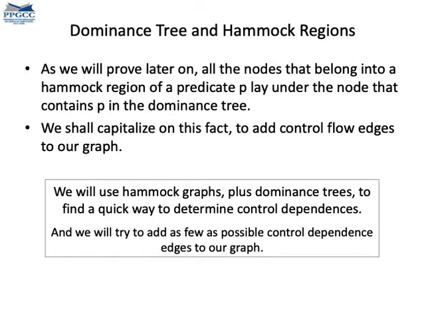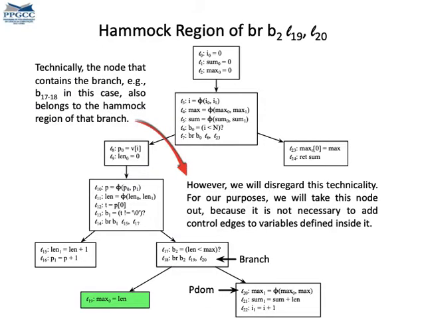And what does the dominance tree have to do with Hammock regions? The fact is that all the nodes that belong in the Hammock region of a predicate P lie under the node that contains P in the dominance tree. I know this sounds a bit confusing, but we shall see an example to clarify things. Let's start with a simple example.